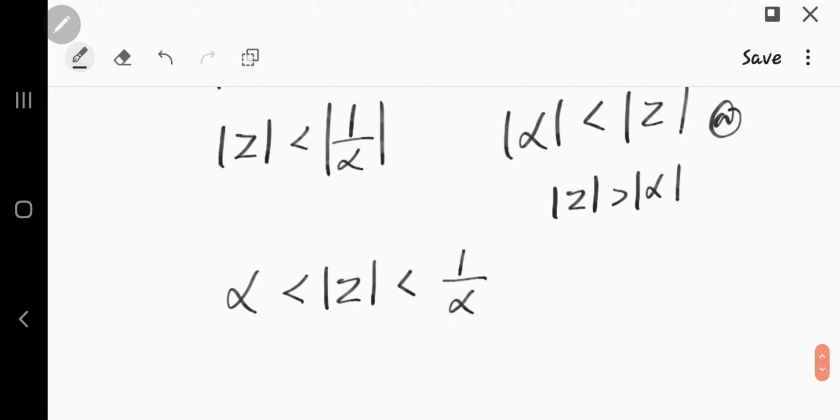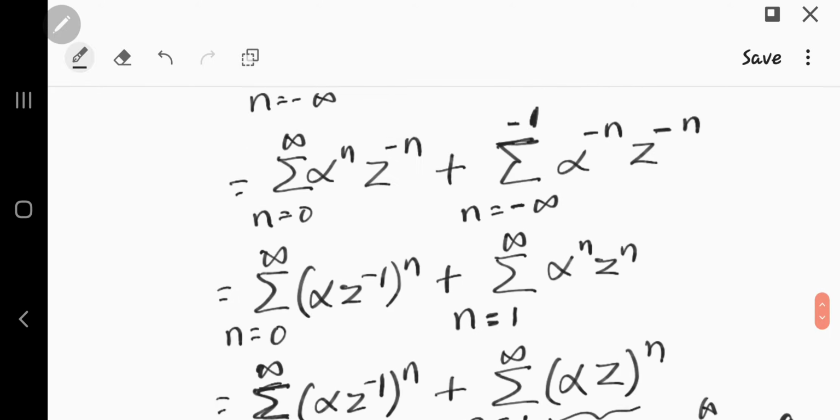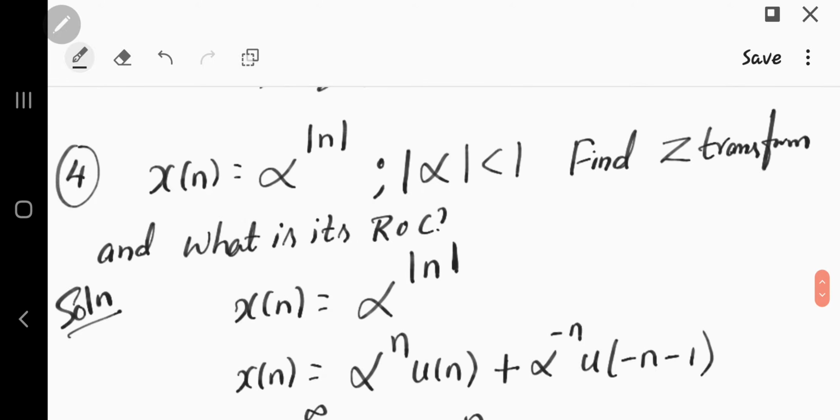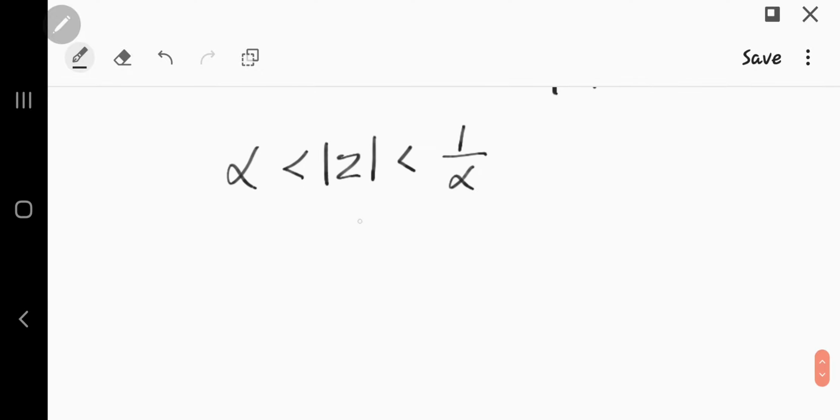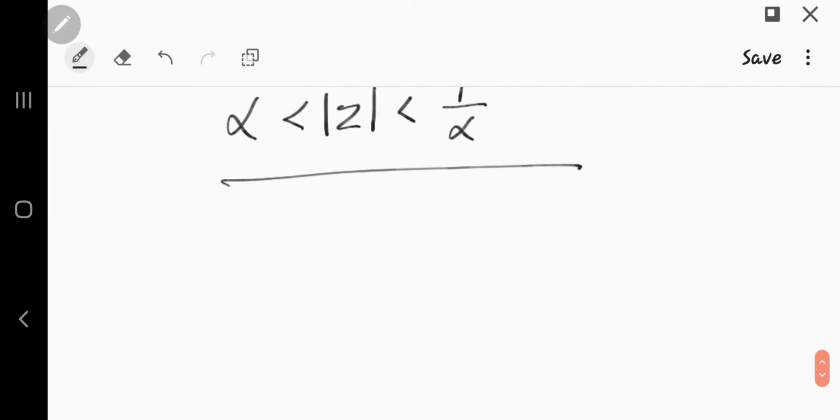Okay. So here they just ask what its ROC is. So this is what the ROC is: z lies between alpha and 1 by alpha. Now if they ask you to plot this ROC, I'm just showing you the ROC here. z is greater than alpha but less than 1 by alpha. Now the alpha value will be less than 1.